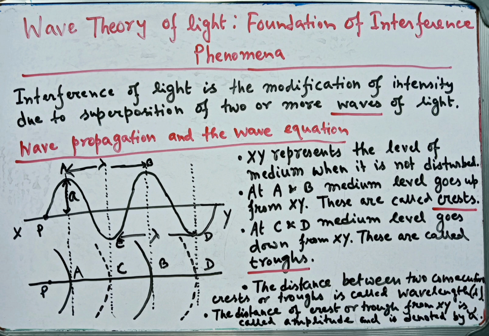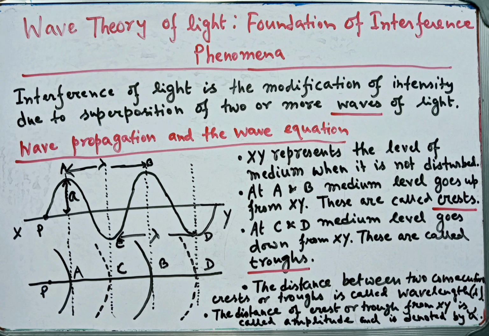So here this XY basically represents the level of the medium when it is not disturbed, and at A and B points the medium goes up from the XY level, and these are called the crests, and at C and D points the medium level goes down from XY, so these are called the troughs.